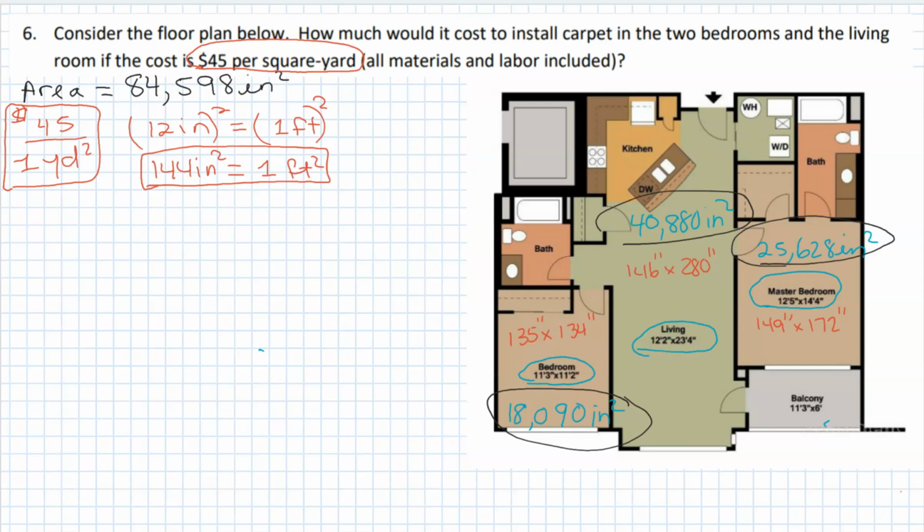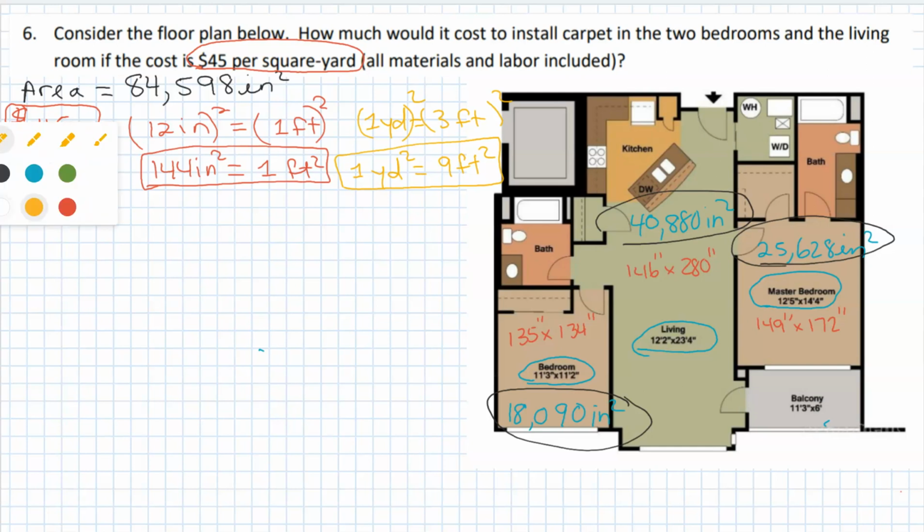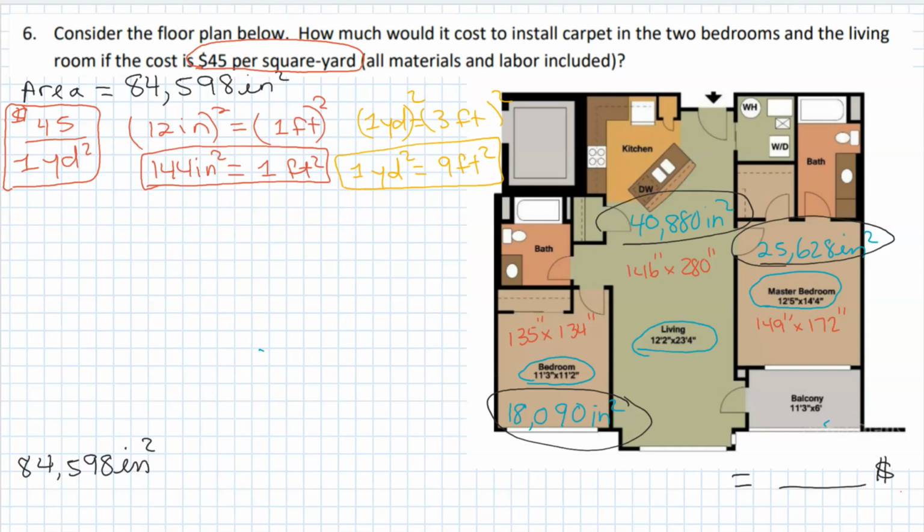And then also, we know that 1 yard is 3 feet. So when we square both sides, 1 square yard is 9 square feet. So what we need to do now is just line up our units to make it work for us. The starting point is going to be 84598 square inches, and we want to end in dollars because the question is asking how much money, right?